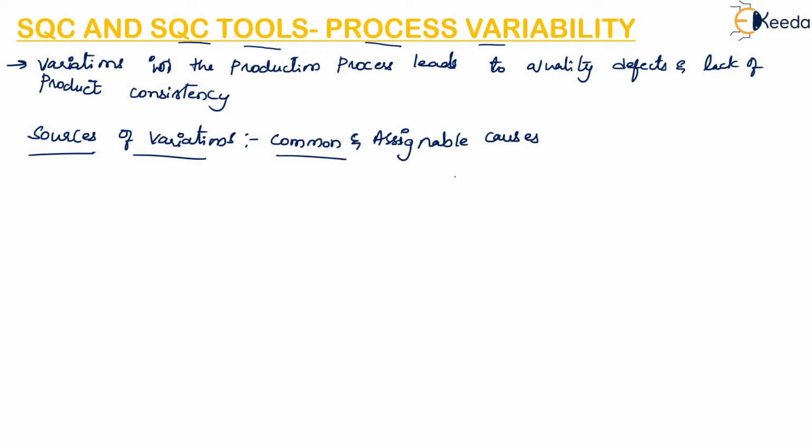These differences are completely normal. No two products can be made exactly alike because there will be differences in the material, the workers, the machines, the tools and other factors. So these are called common or random causes of variation.